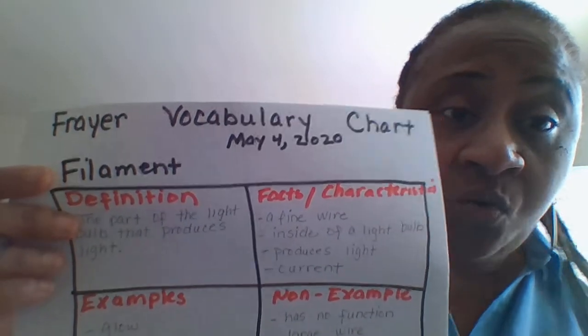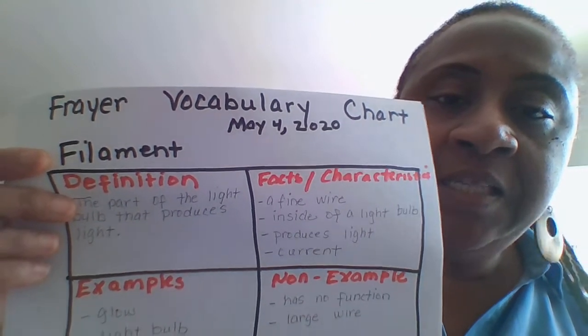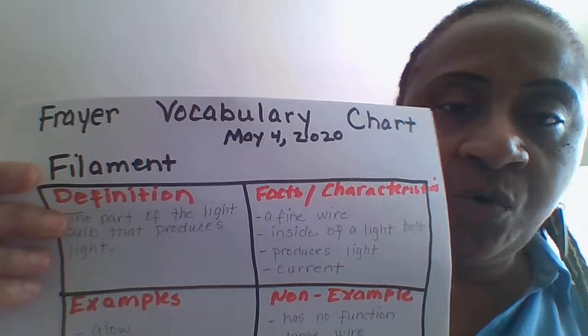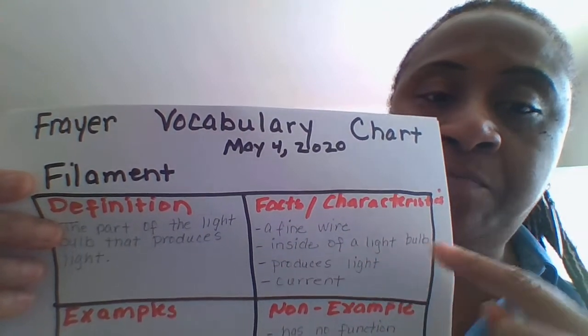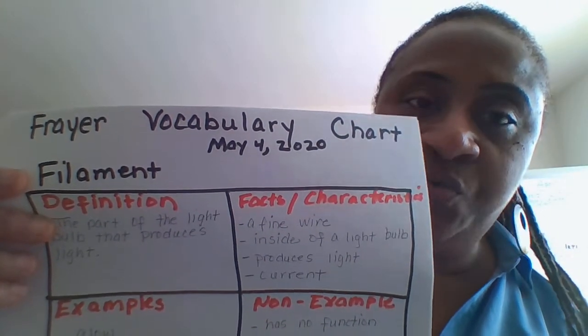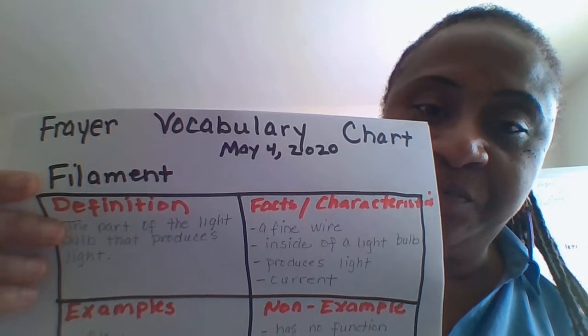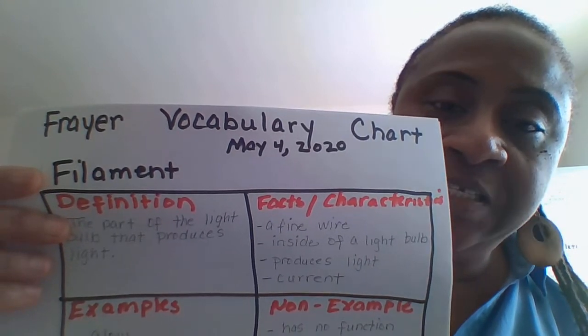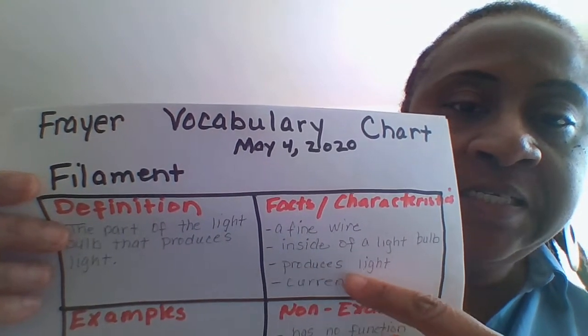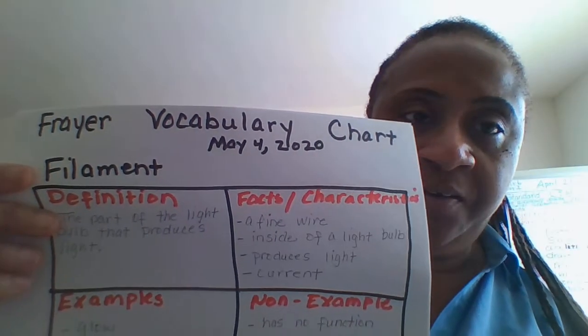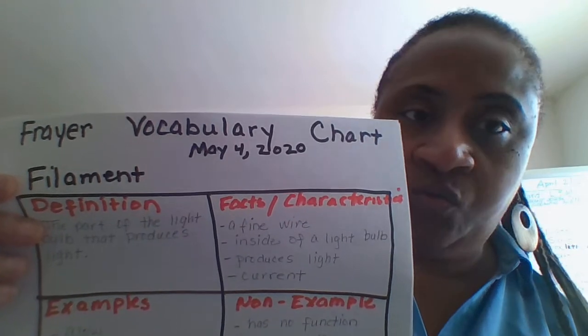It is a thin wire. The next characteristic I wrote is that it is inside of a light bulb. That's a characteristic of a filament. The next characteristic I wrote is produces light. That is a characteristic.